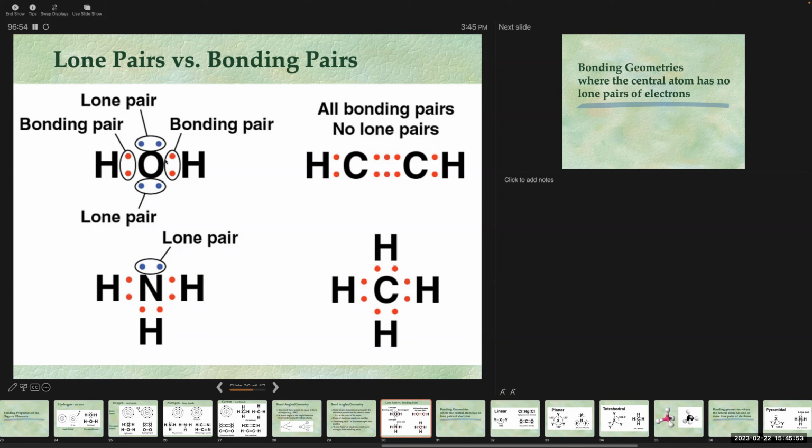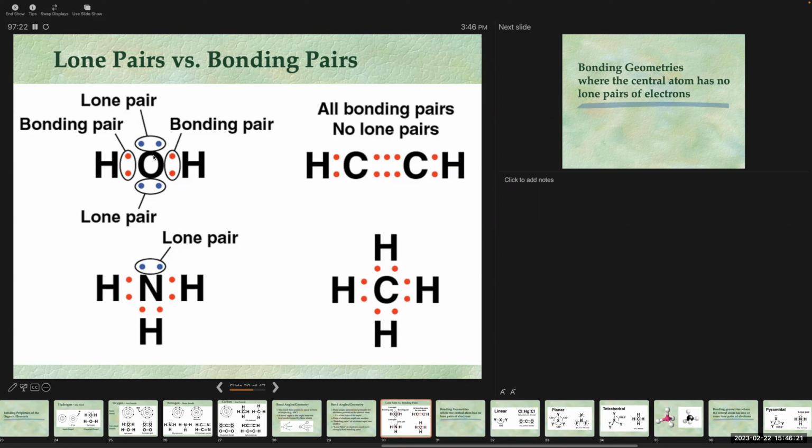So a pair of electrons that's actually creating a bond, in this case, the two red electrons creating a bond between the oxygen in the middle and the hydrogen over here on the right, that's known as a bonding pair because it's responsible for creating that bond between the oxygen and the hydrogen. Same thing over here on the left, shown in red and circled, is another bonding pair, a pair of electrons creating the bond between the oxygen and hydrogen.